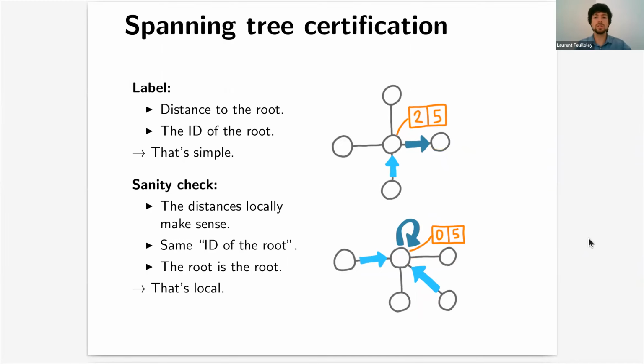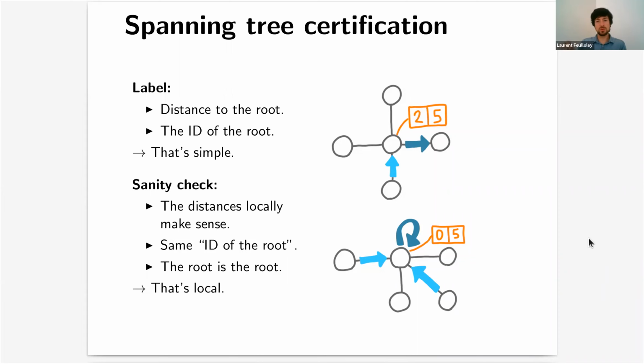So what is good information that I can leave in the memory of a node to allow them to check that what they have is really a spanning tree? And here there are two pieces of information. The first piece is the distance to the root. So I have this machine.